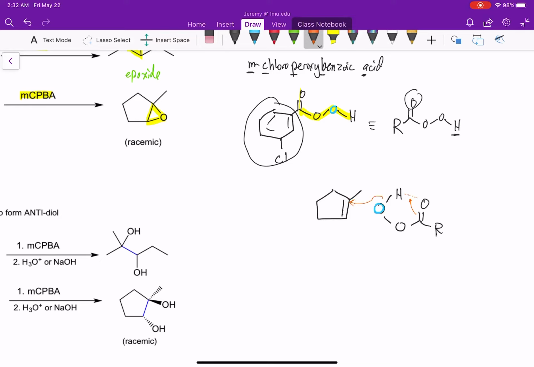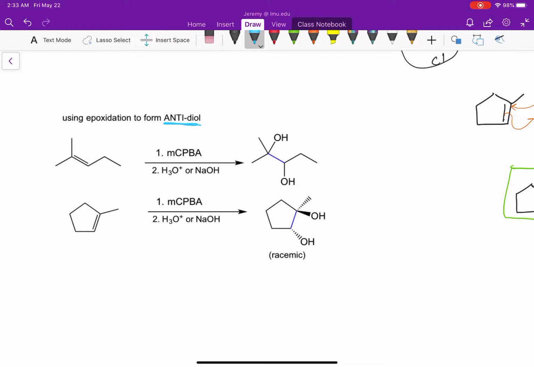What we're going to do now is work with that epoxide to form an anti-diol. We saw we can use osmium tetroxide to form a syn-diol, but we can use an epoxide to form an anti-diol.